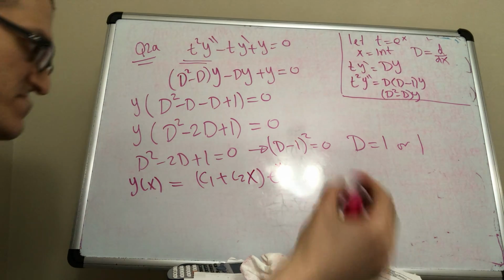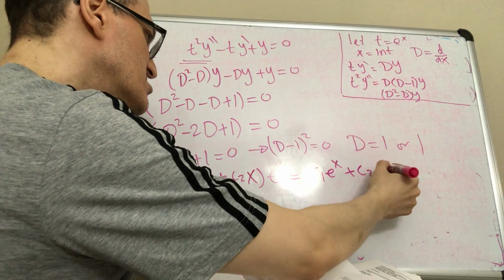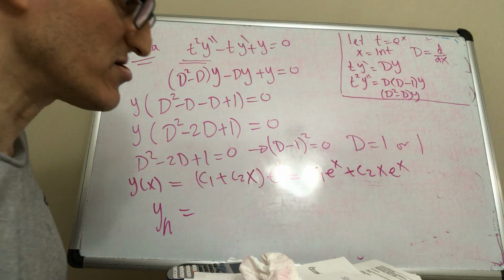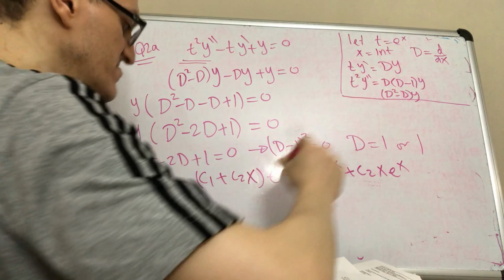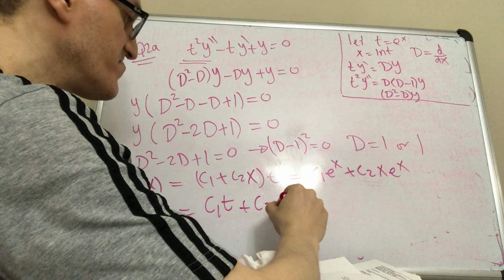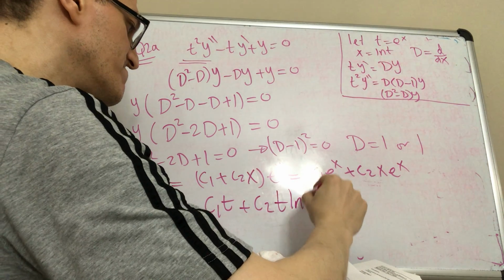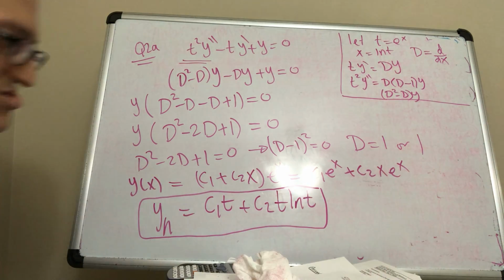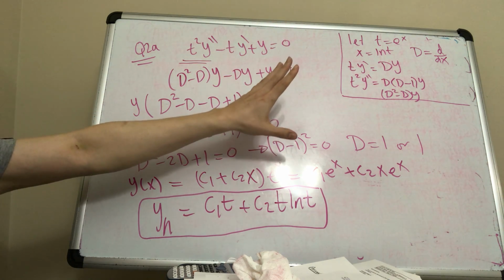So take this inside: c1 e to the x, plus c2 x e to the x. So to get the normal answer in this case, e to the x is t, so that's c1 t, plus c2, e to the x is t, x is ln t. So this here is your homogeneous solution. And that's the structure you need to follow, basically.